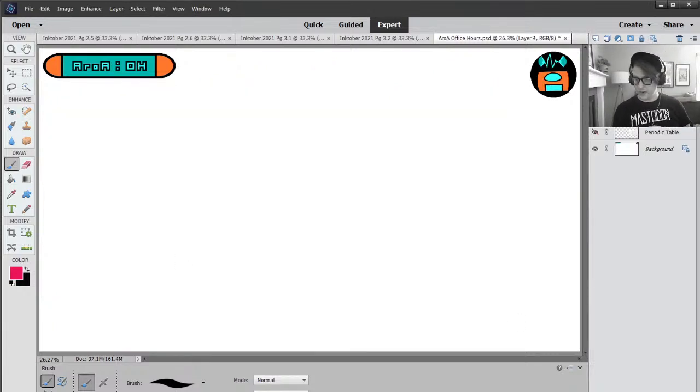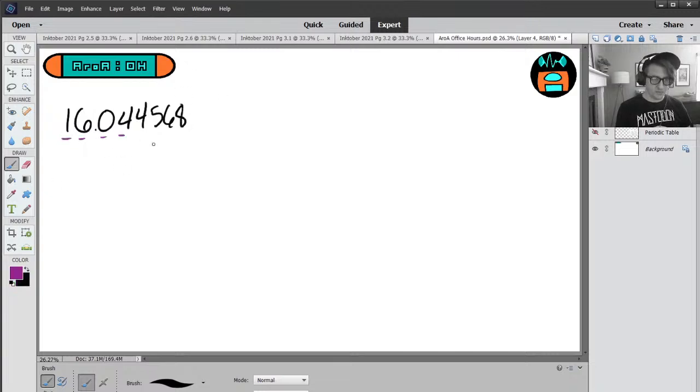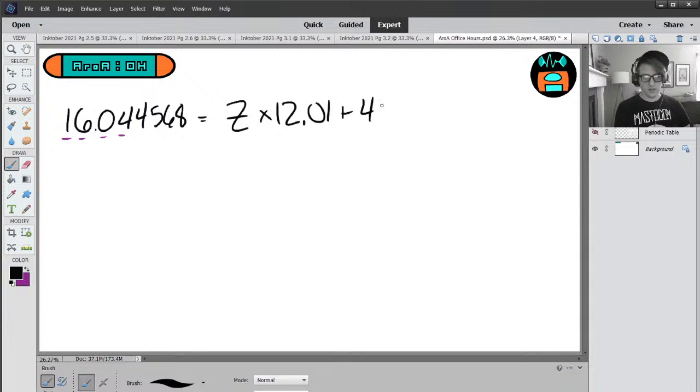So we solved for our total mass, which was 16.044568, but we only have 4 sig figs. I'm just waiting to round to the very end. That is equal to z times 12.01 plus 4 times 1.008.